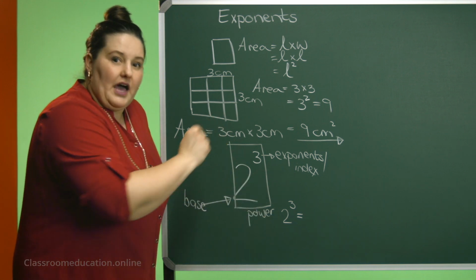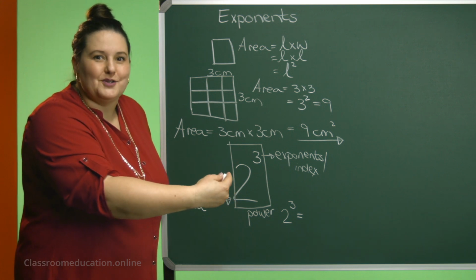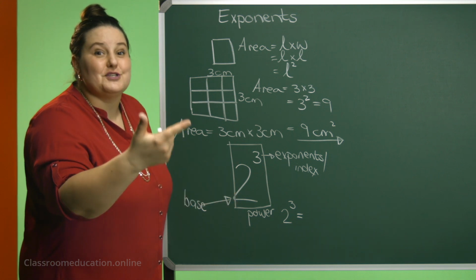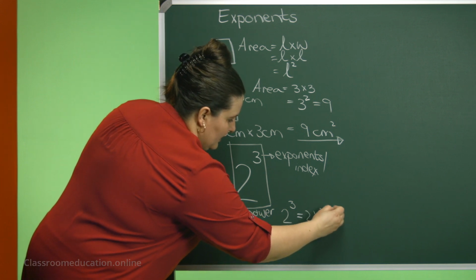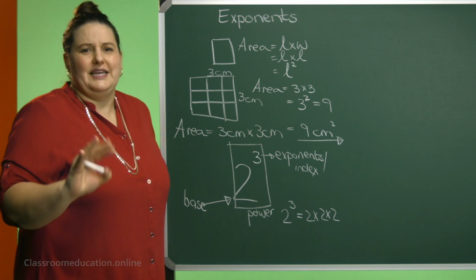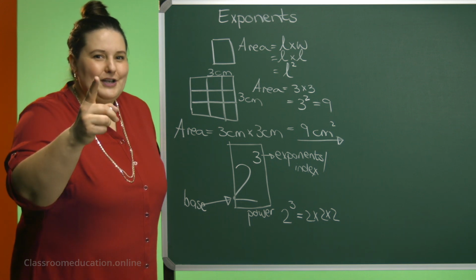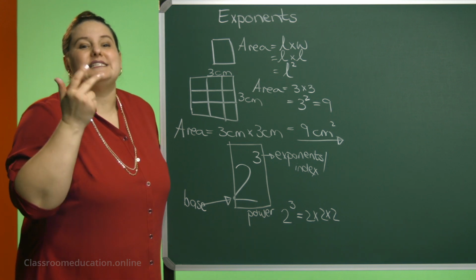And now, if I'm giving you 2 cubed, 2 to the power of 3, it will be 2 times 2 times 2. And what is 2 times 2 times 2? Please don't tell me it is 6. Have a look. 2 times 2 is 4. 4 times 2 is 8.